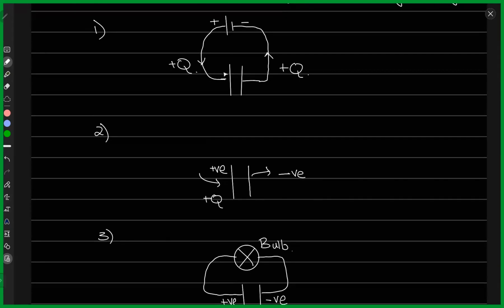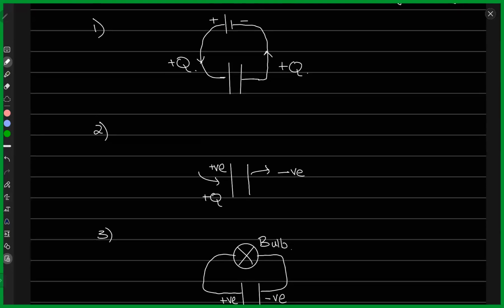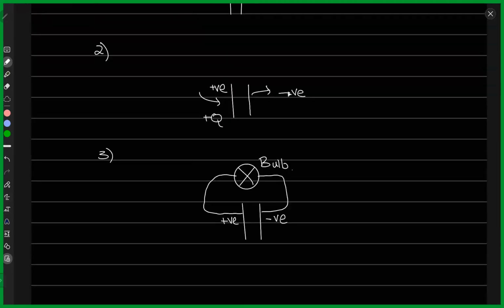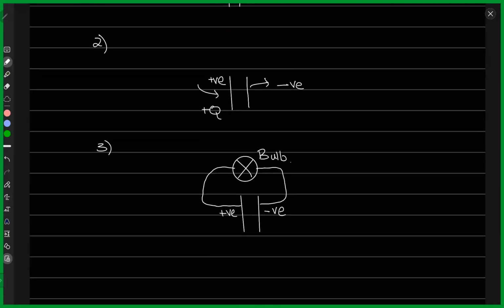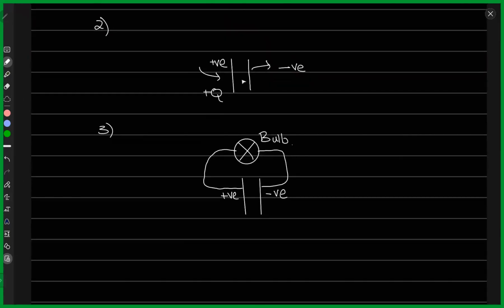So one plate was left net negative, and the other plate is now net positively charged. Then I removed the battery, and this was the situation: one plate negative, one plate positive. Finally, I take this capacitor and connect it with wires to a bulb.